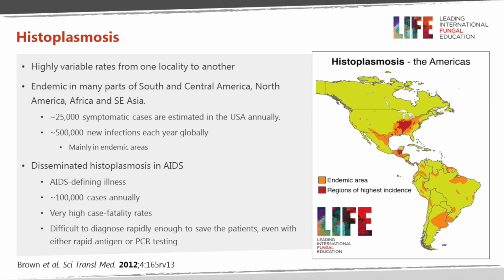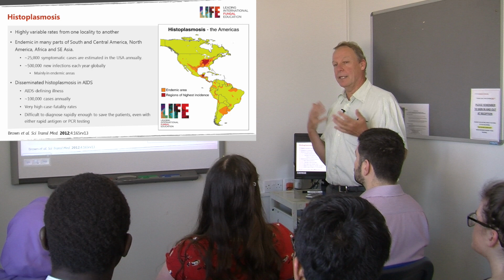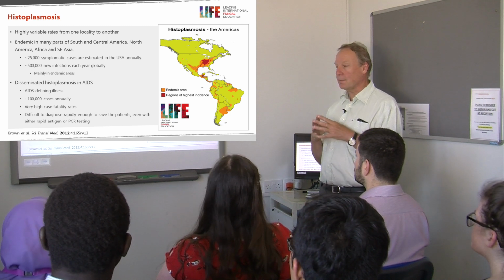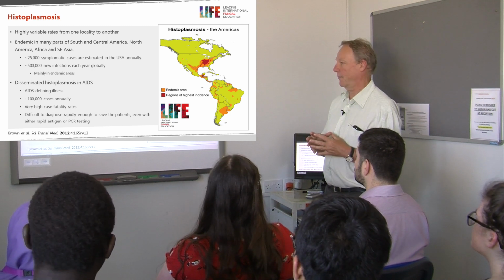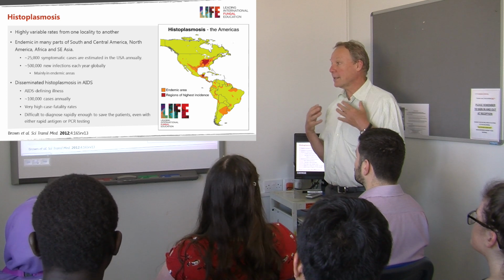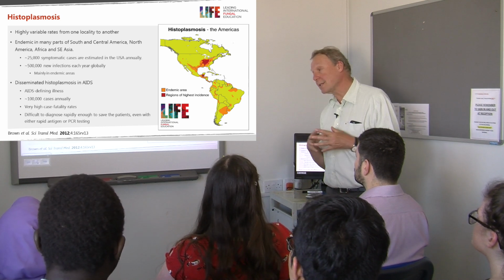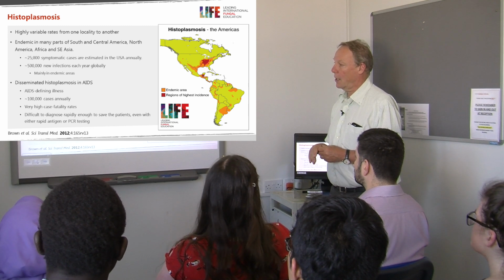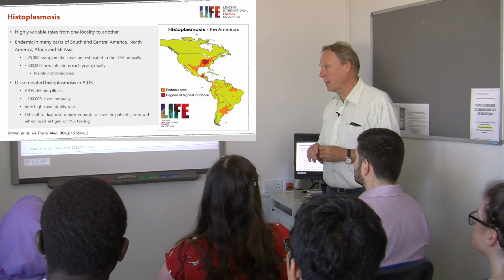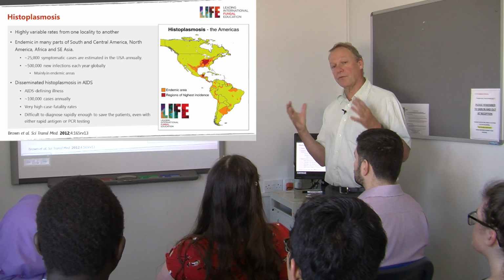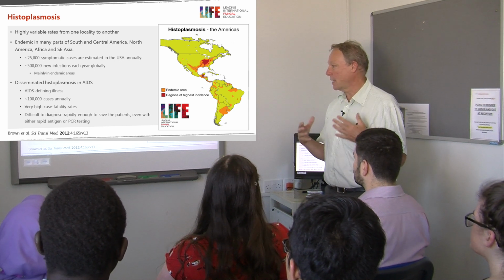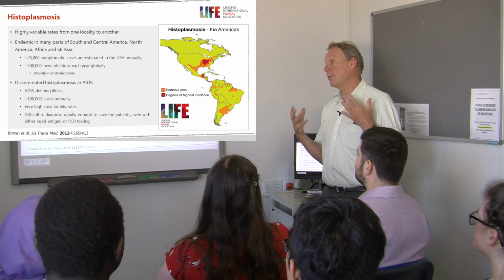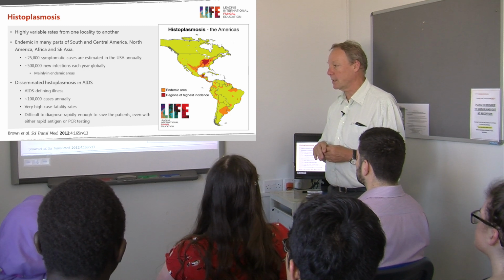And so there's thought to be about 500,000 new infections every year from people acquiring histo in different parts of the world, although that estimate is many years old and not very well founded. And then in the US, there's thought to be about 25,000 symptomatic cases, and there are many other symptomatic cases across Latin America in particular. Our estimates for Africa and Southeast Asia are really not very good, and we don't have really any good estimates of the numbers of cases.